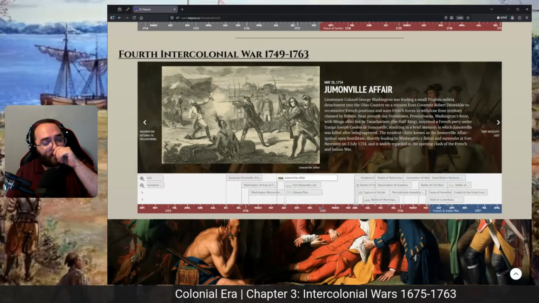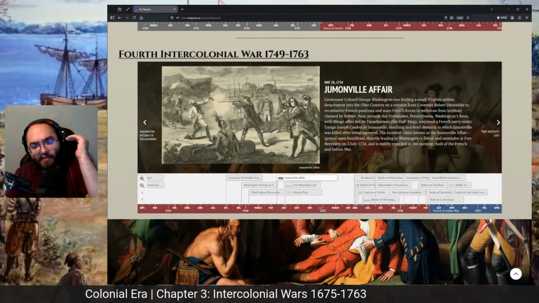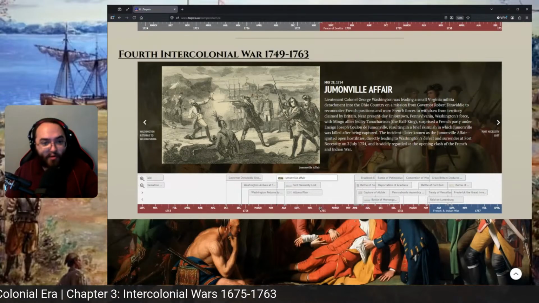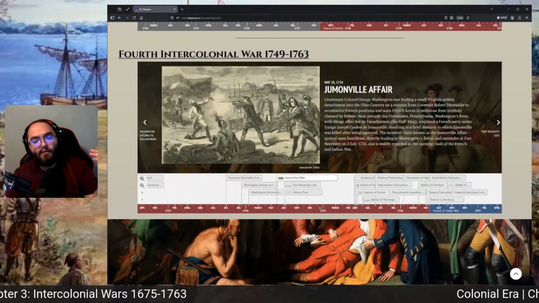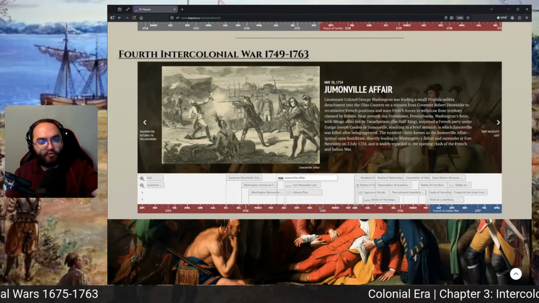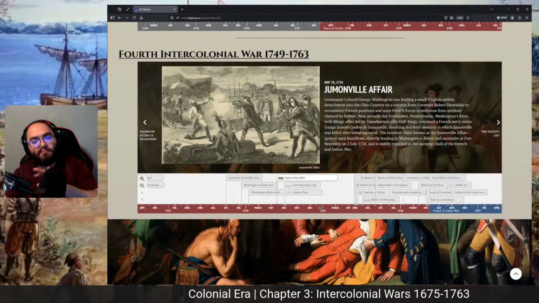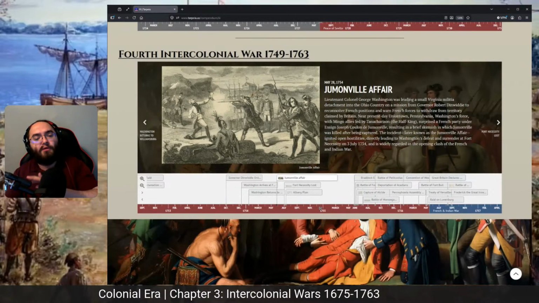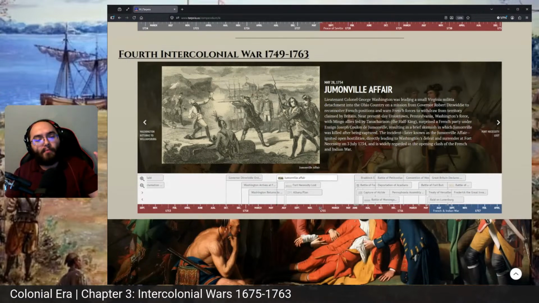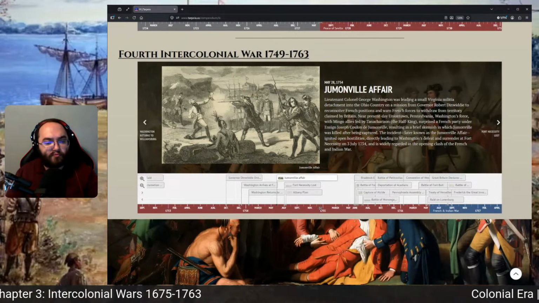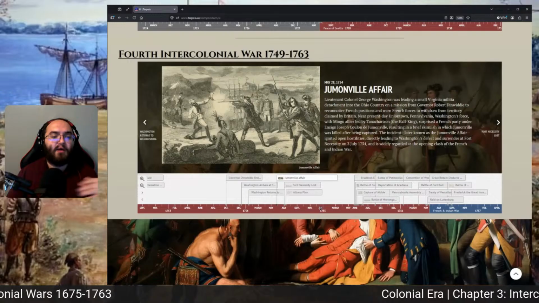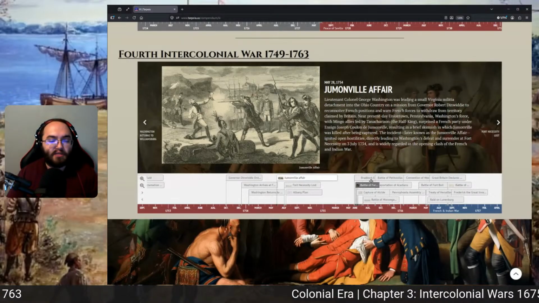The Second Acadian War is happening primarily in Acadia. That's why we call it the Second Acadian War, which is modern-day Nova Scotia, just north of Maine. And Washington's mission and the Jumonville Affair will bring the fighting to the frontier in the Ohio River Valley past the Appalachians.